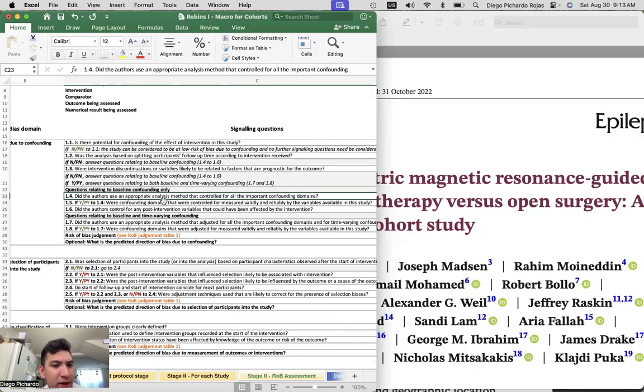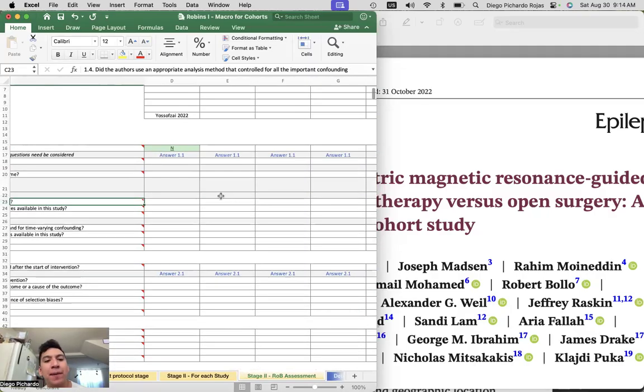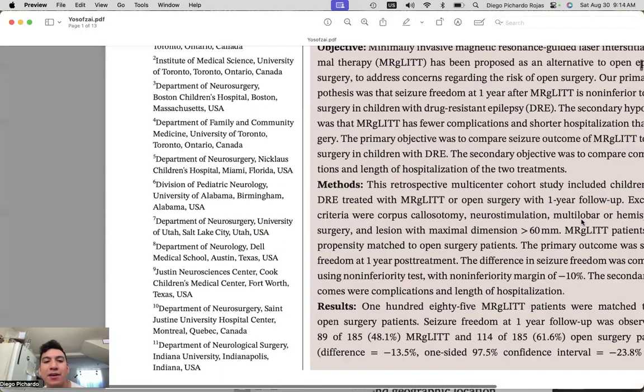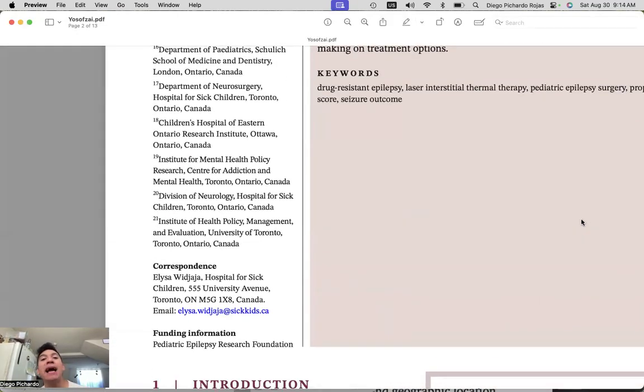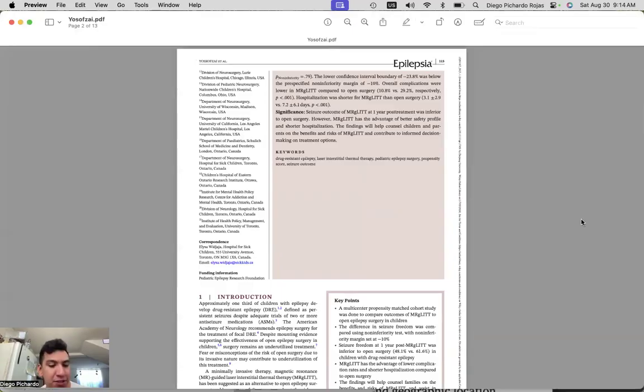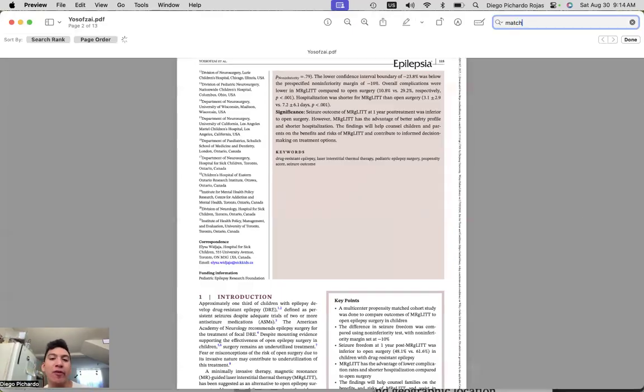Did the authors use an appropriate analysis method that controlled for all confounding domains? As an example, if they just matched for age, that would be a concern. So what did they match for?